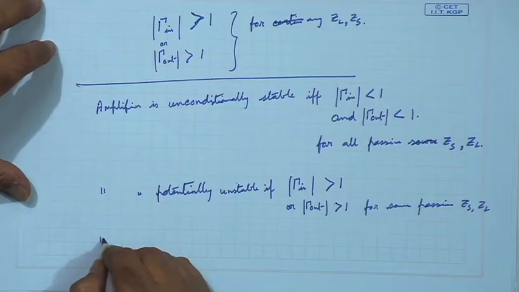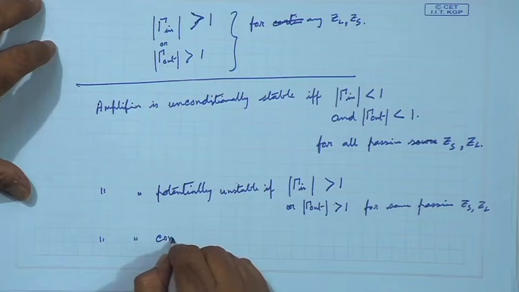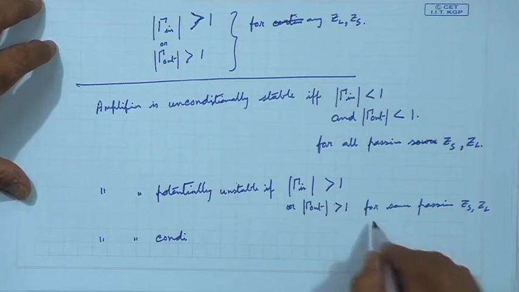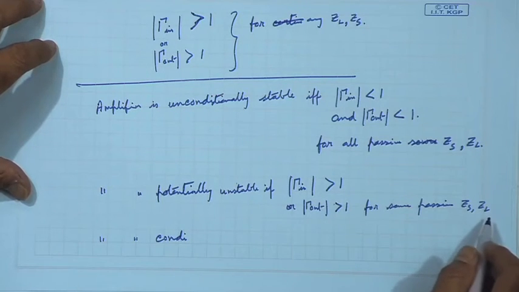Now, we can make an amplifier conditionally stable. That means, though it is potentially unstable, we will avoid those combinations of ZS and ZL.